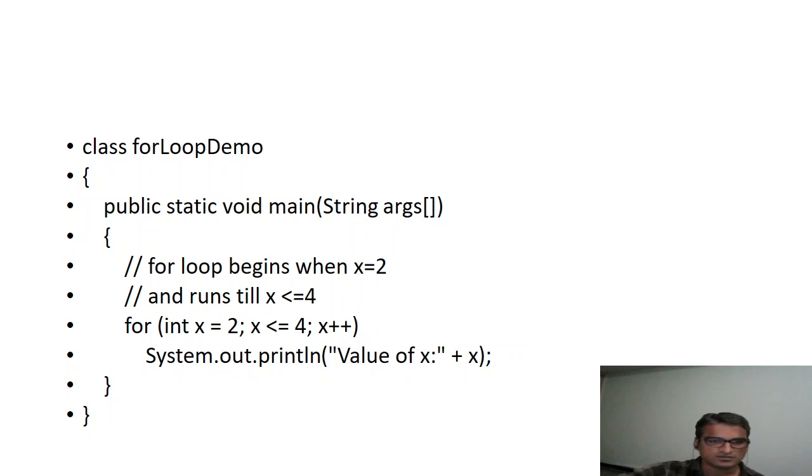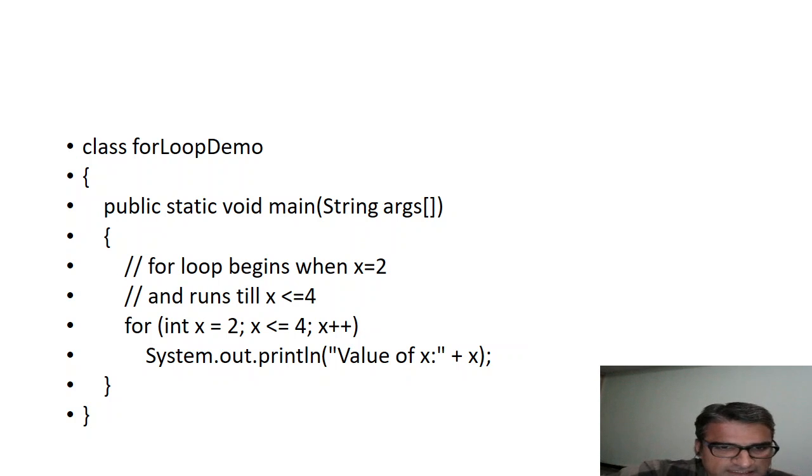First value 2, then auto increment gives 3, and auto increment of 3 gives 4. When 4 satisfies the condition, 4 will be printed on the output. When we auto increment 4, it becomes 5. Here x value is 5, and 5 less than or equal to 4 fails, so the looping statement stops. So when we execute this program, we will get the first output as 2, second output as 3 and third output as 4. Then it will exit from the loop.